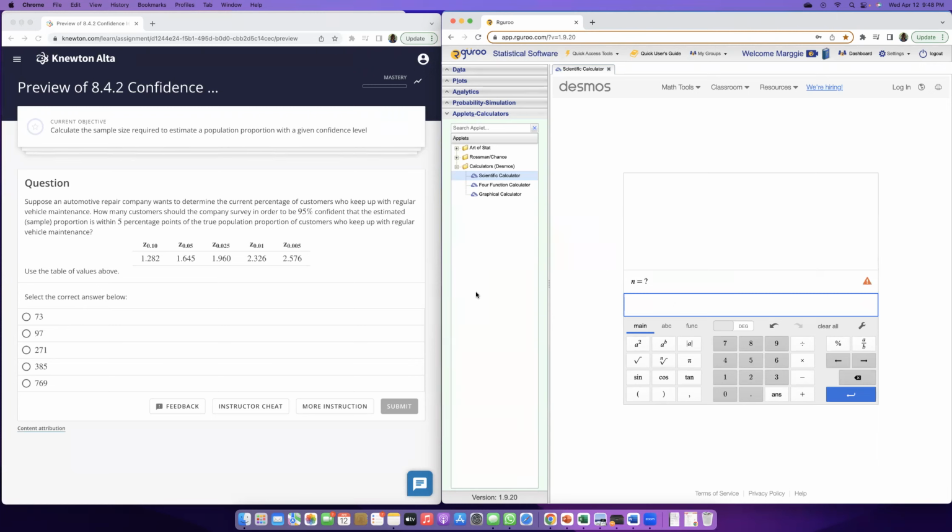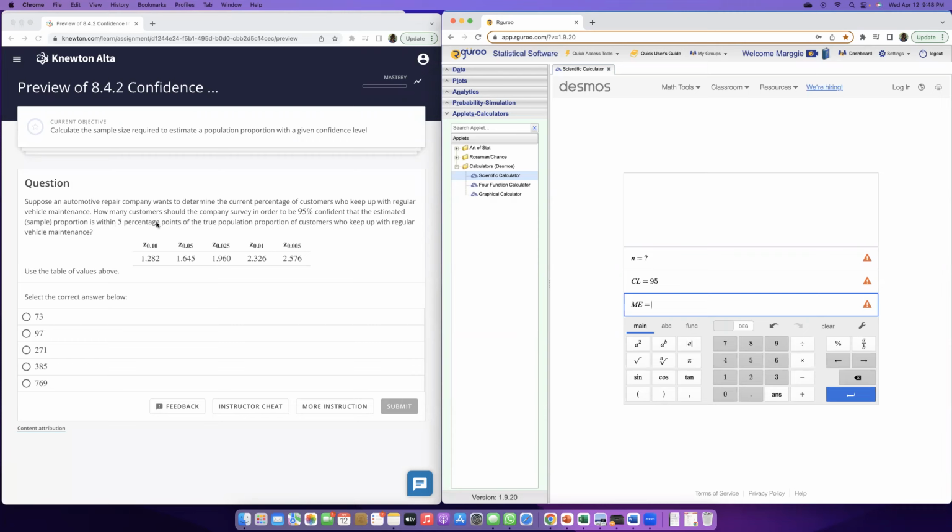The other thing that we know is that we have a confidence level of 95%. So that's the confidence that we want to use to create the confidence interval, and then the margin of error. It's telling us that we want to be within 5 percentage points of the true population.